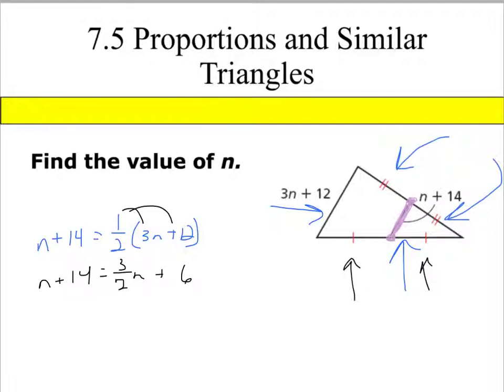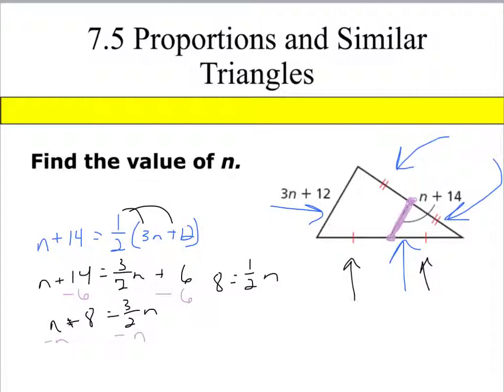And then you solve for n. Bring your numbers together. Bring your letters together. And you're going to end up with 3 over 2 n. Now we have to subtract this n from both sides. Then we get 8 is equal to 1/2 n.